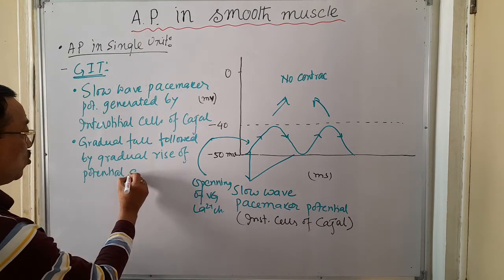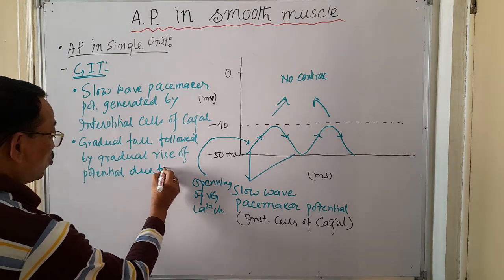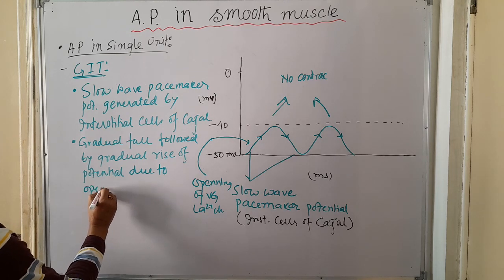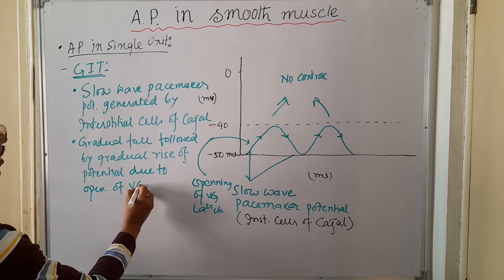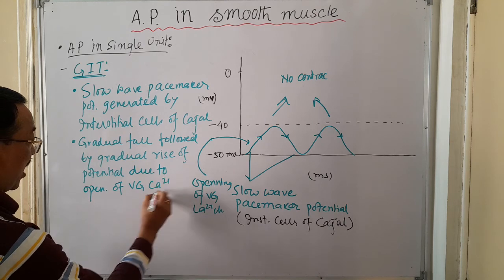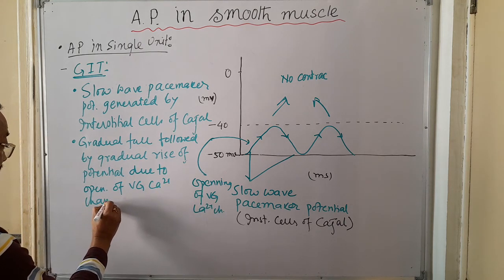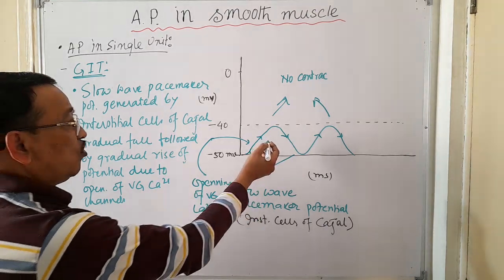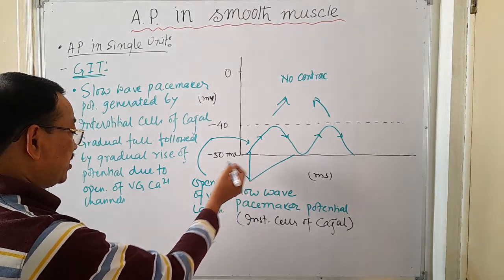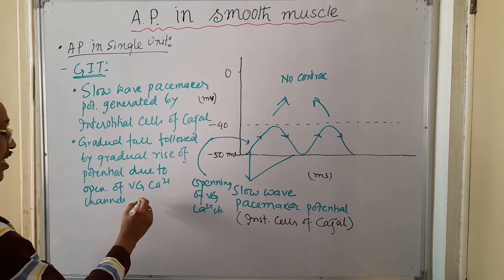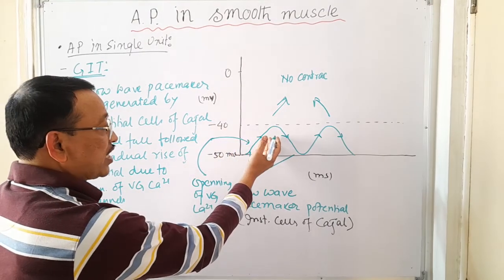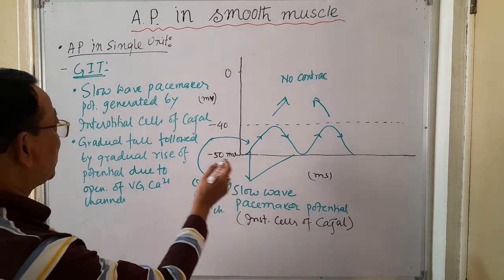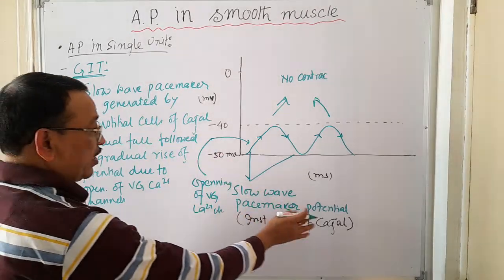And this is due to opening of voltage gated calcium channels followed by closure of voltage gated calcium channels, and thereby there is an entry of the calcium ions or exit of the calcium ions, and this results in the slow wave pacemaker potential.